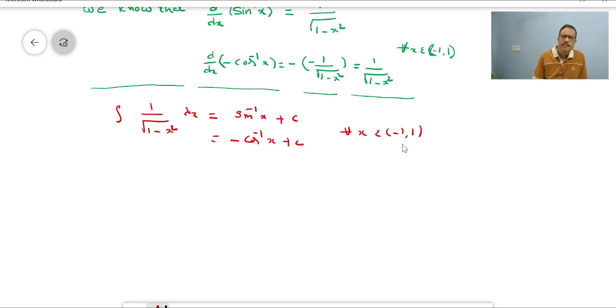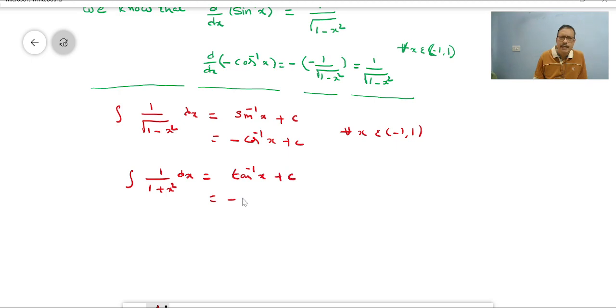And d by dx of tan inverse of x is equal to 1 by 1 plus x square. d by dx of cot inverse of x is minus 1 by 1 plus x square. Similarly, we can write integral of 1 by 1 plus x square dx. This is equal to tan inverse of x plus c.